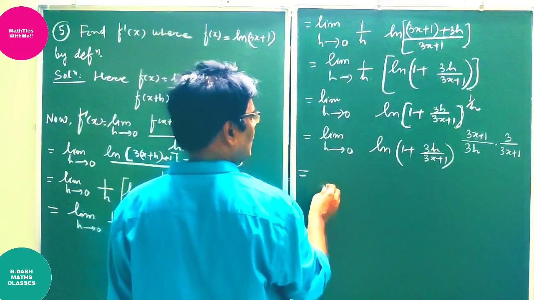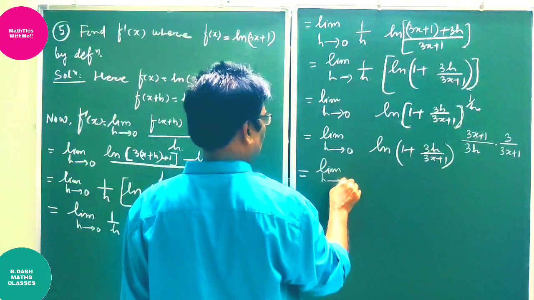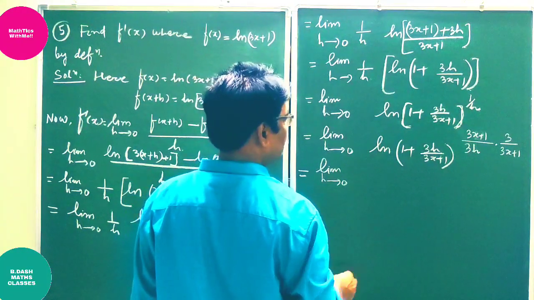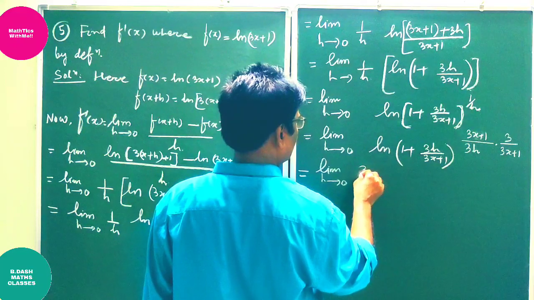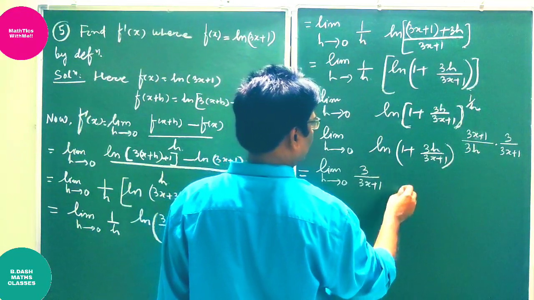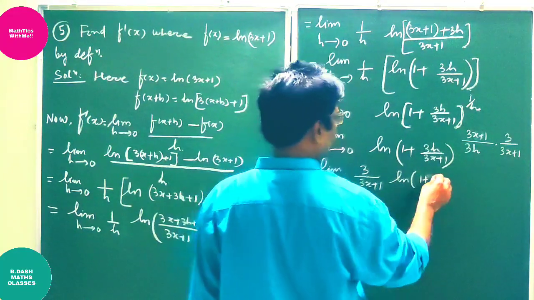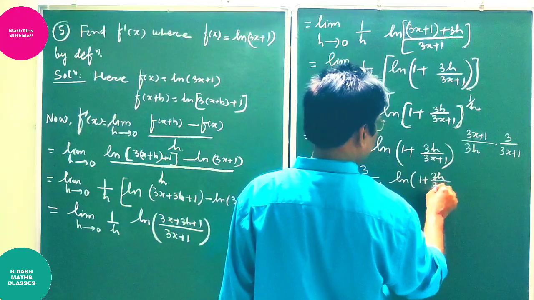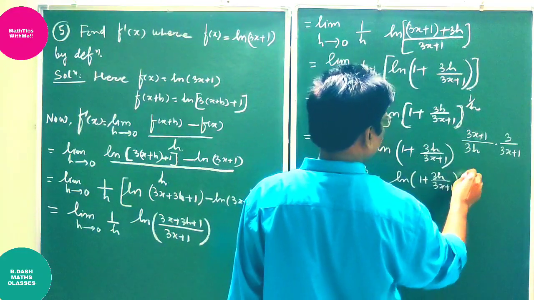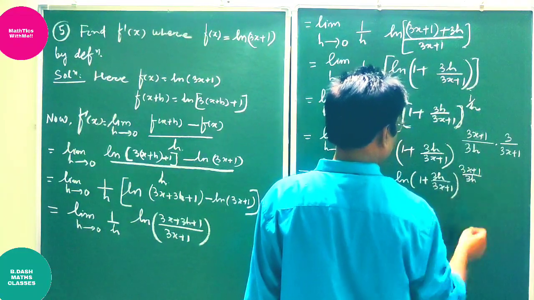So this is equal to limit h tending to 0 of 3 by (3x plus 1) ln of (1 plus 3h by 3x plus 1) to the power (3x plus 1) by 3h.